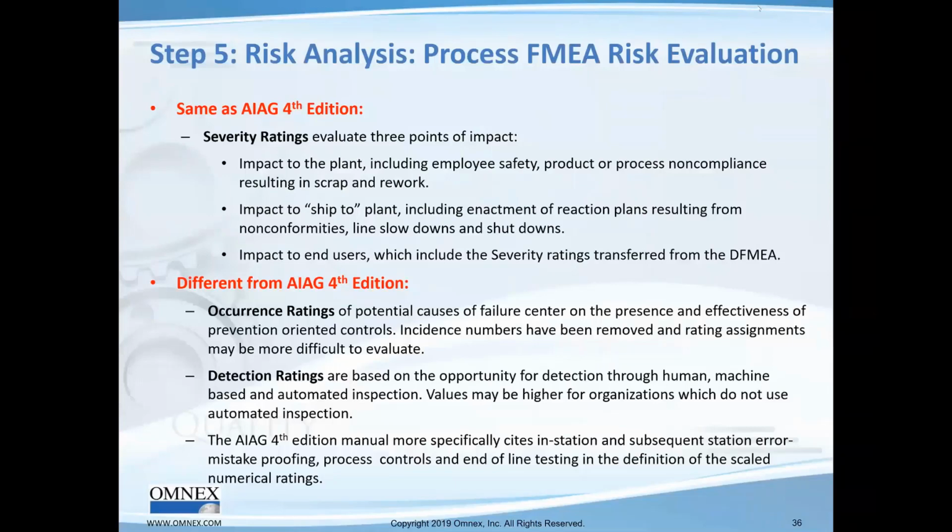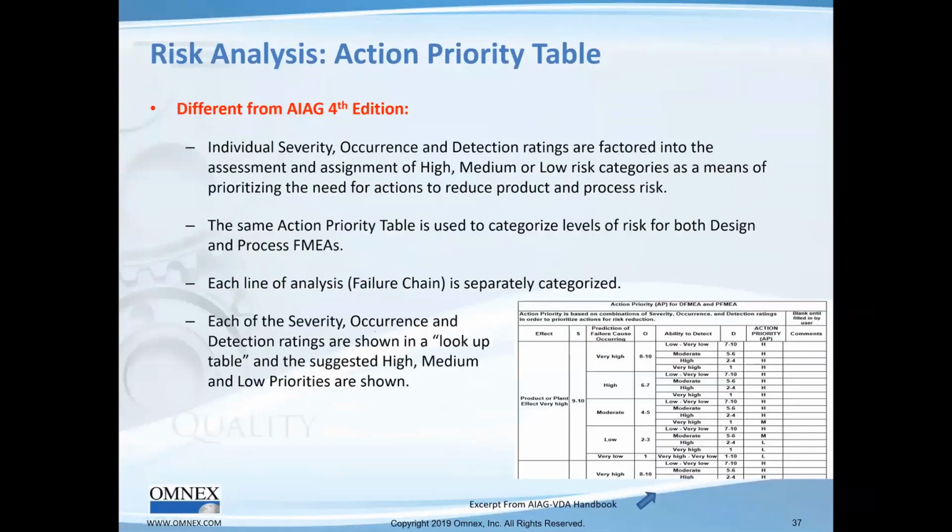Values will be higher if you don't use some sort of automated inspection in the detection ratings. And I already mentioned to you, the AIAG 4th edition really focused on mistake proofing, which you don't see in the AIAG VDA FMEA. All fixable, which we'll talk about in the problems and issues slides.